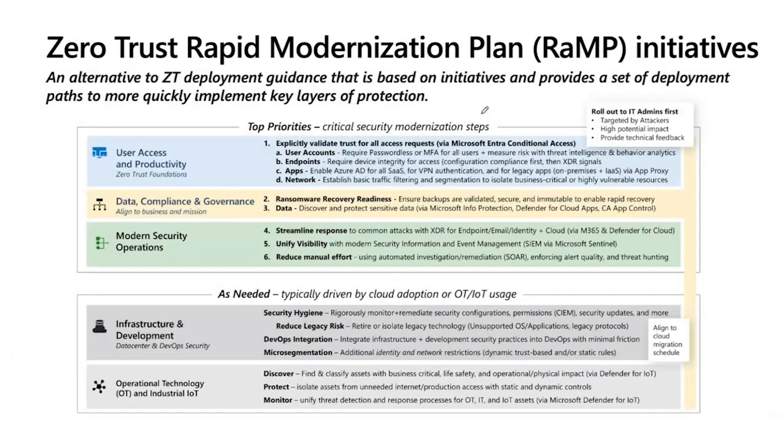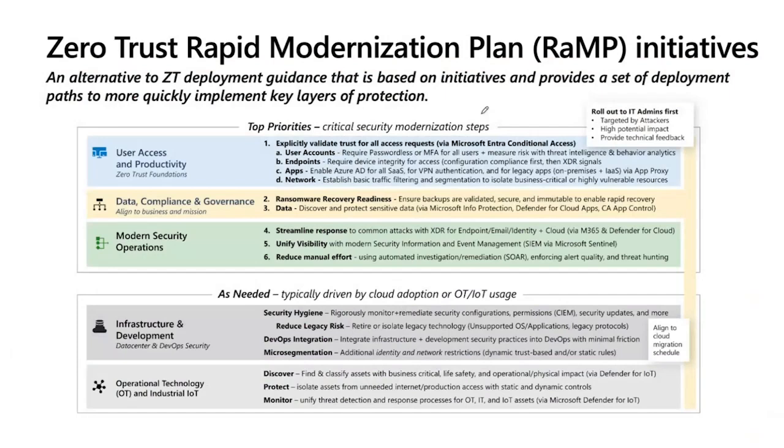But if a company that wants to start in cloud goes for Zero Trust, they would have to wait for months until Zero Trust is properly implemented and deployed. So for that, we talk about what important components we should enable at the very start. If any company wants to start, they can use Zero Trust RAMP, the Rapid Modernization Plan.